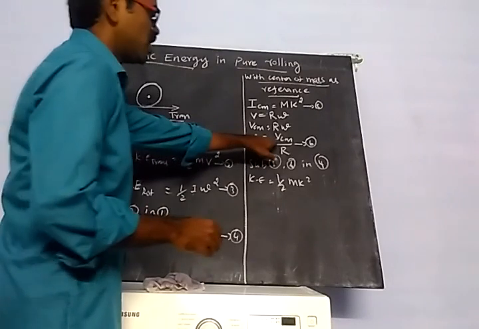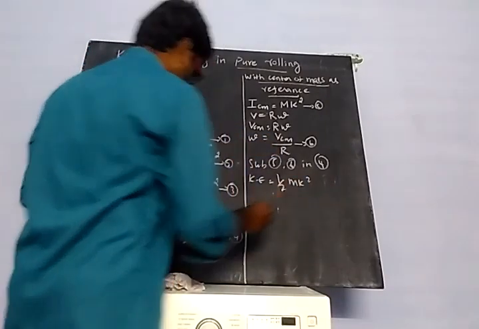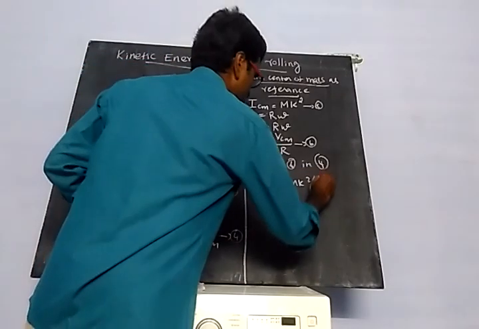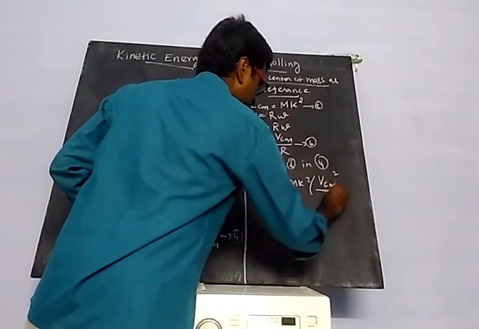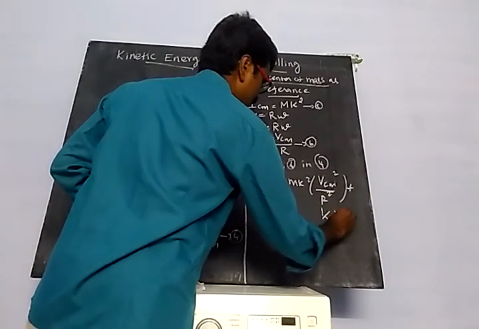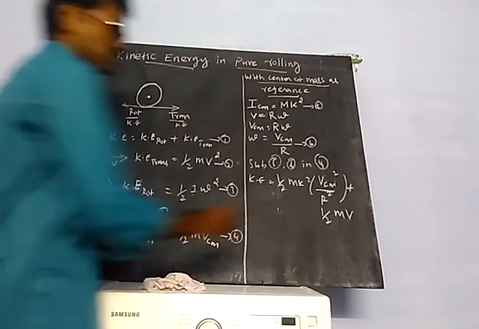Now you can substitute VCM by r, so omega is equal to VCM by r, and omega square is equal to VCM squared by r square, plus half m VCM square.